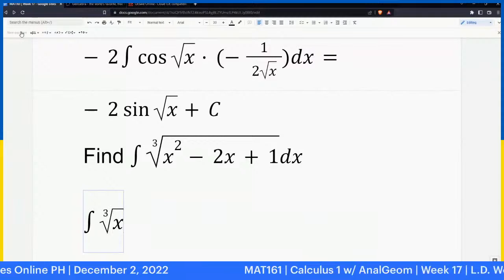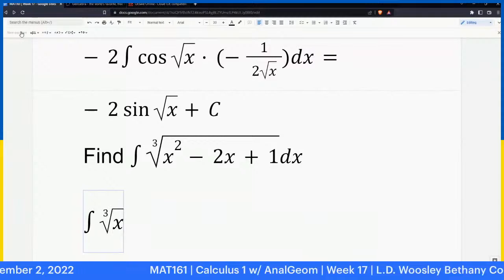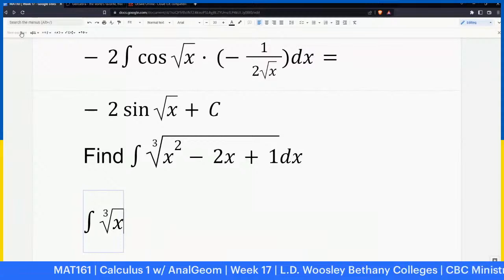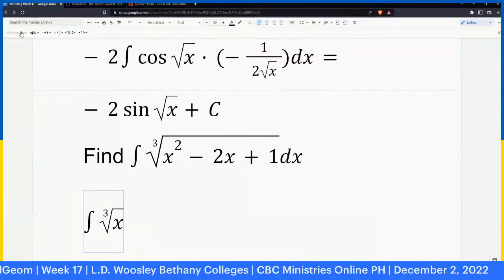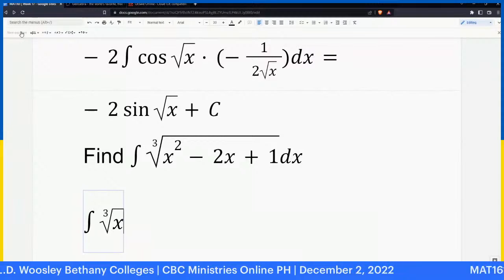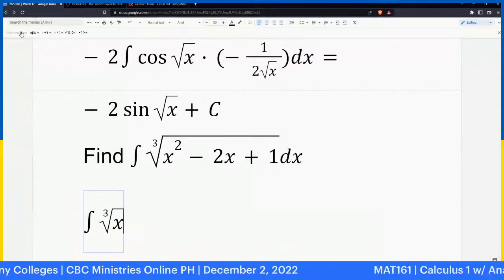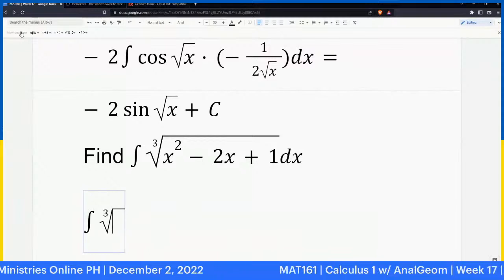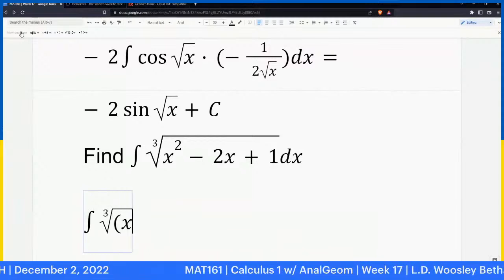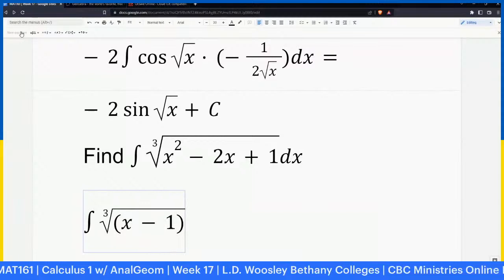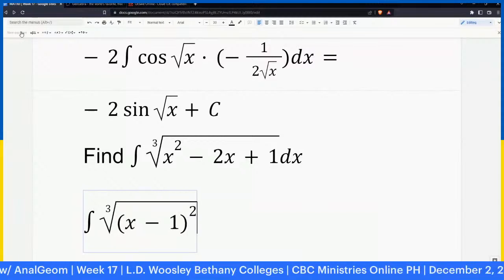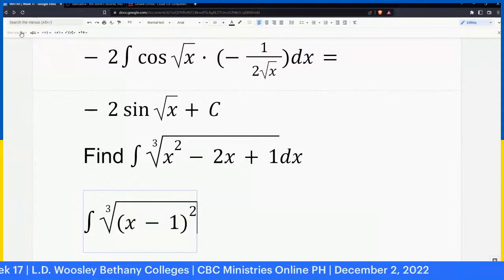Okay. How about factoring, guys? Factoring. Can you factor out the radicand? Banji, x minus 1, squared, right? Ayan, di ba? Yes, meron ka na.